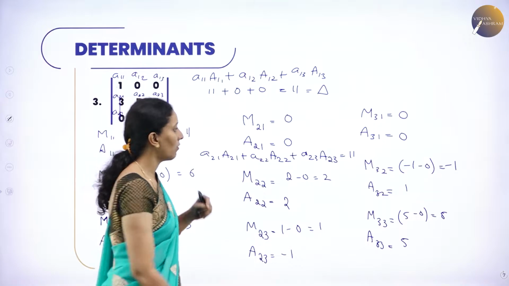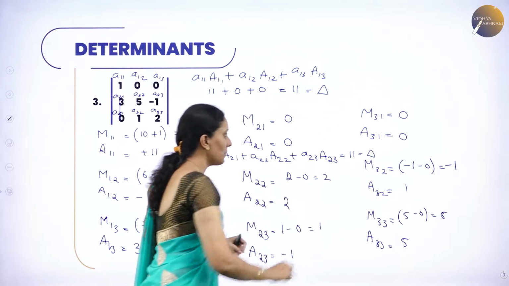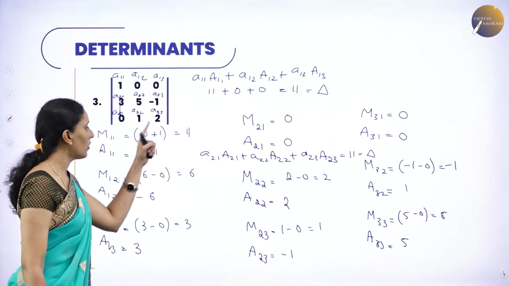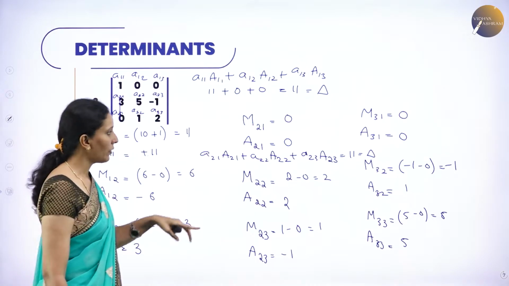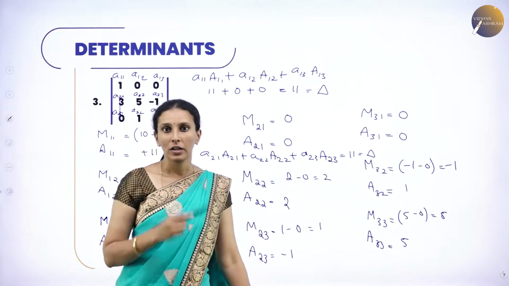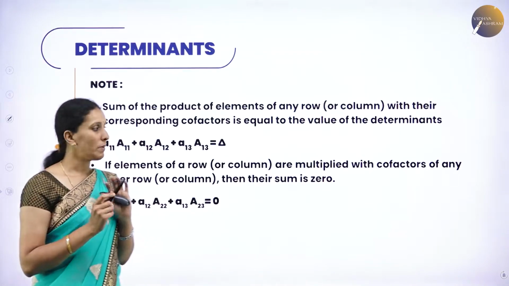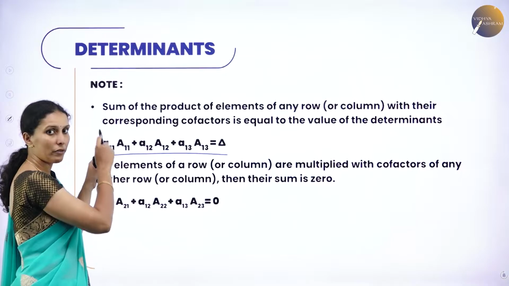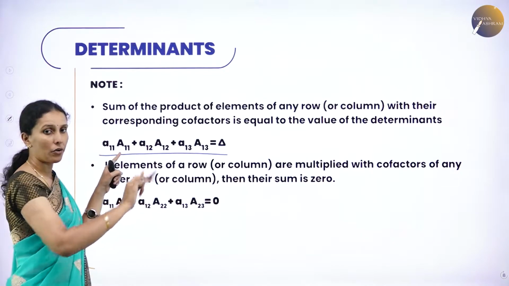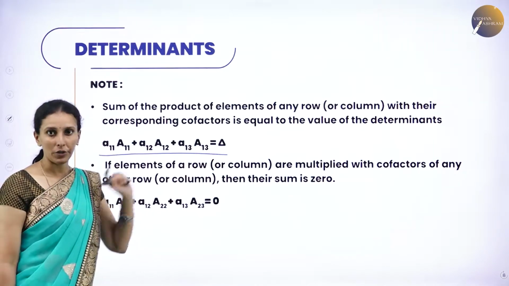That is equal to delta only. Similarly, when you multiply the third row elements with their cofactors and add it, the value is always equal to delta. So this is one rule or speciality: when you multiply the elements of a particular row with the cofactors of that row, the value is always equal to delta.